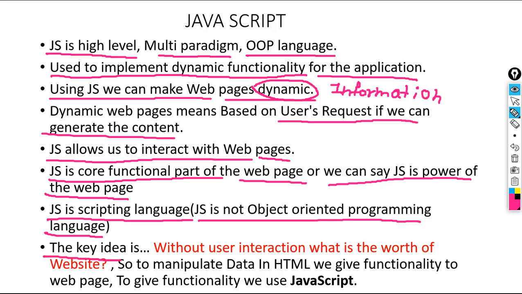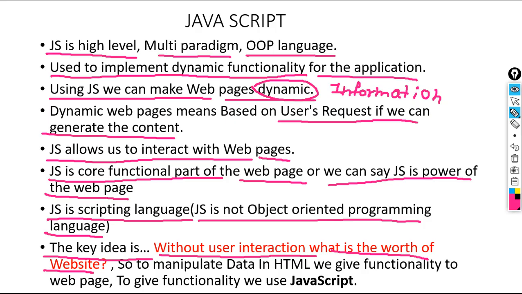Now, the key idea is, without user interaction, what is the worth of a website? Just now I gave information about a Wikipedia page related to Gandhiji. Okay, that page I can access and I can read that information. But what if I want to share some information with some person who is sitting in another country?